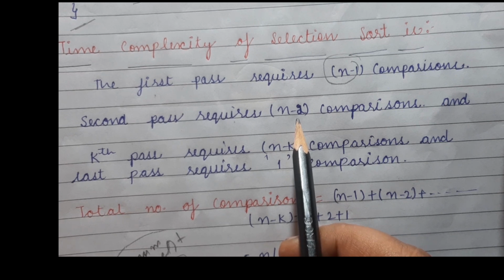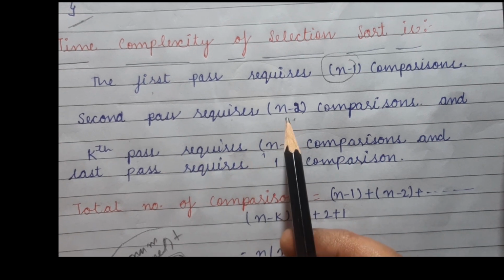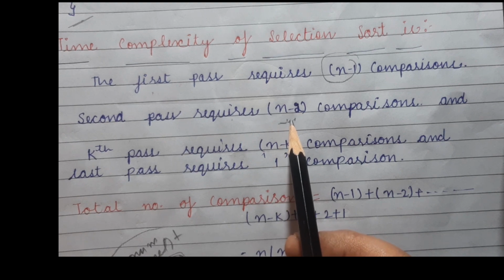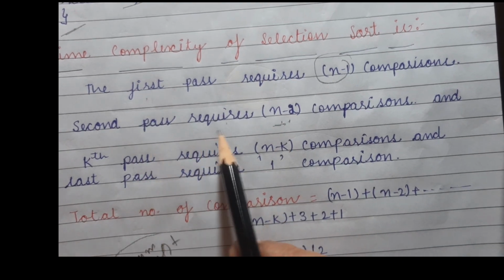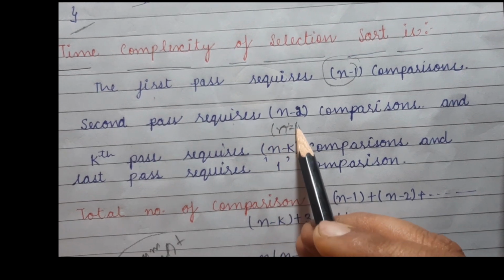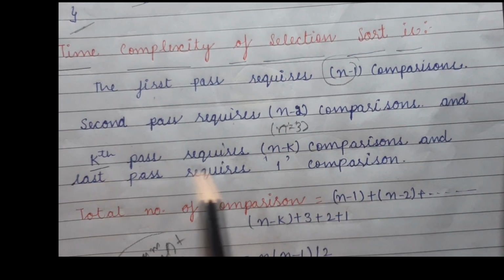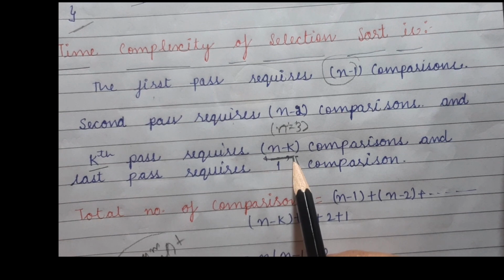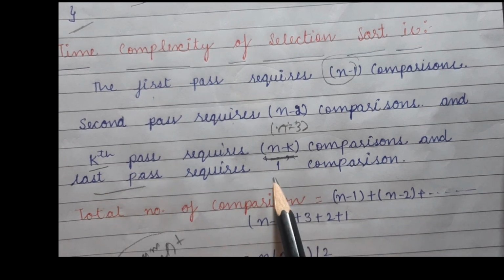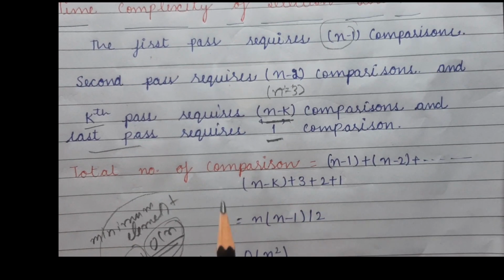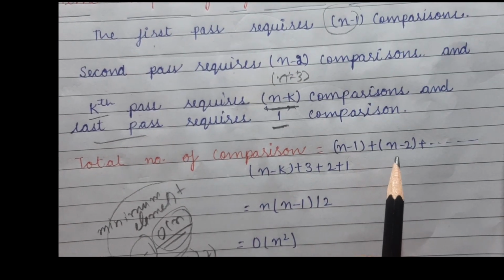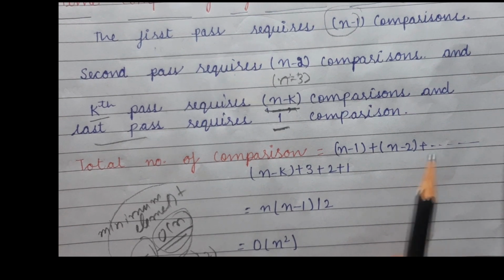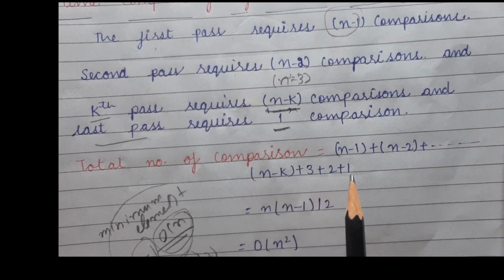Of the rest we have n minus 1 elements, and for comparing n minus 1 elements, n minus 2 comparisons are required. In a similar way, in the third pass, n minus 3. In the kth pass, n minus k. In the last pass, only a single comparison. So the total number of comparisons becomes n minus 1 plus n minus 2 plus n minus 3, and so on up to n minus k, 3, 2, 1.